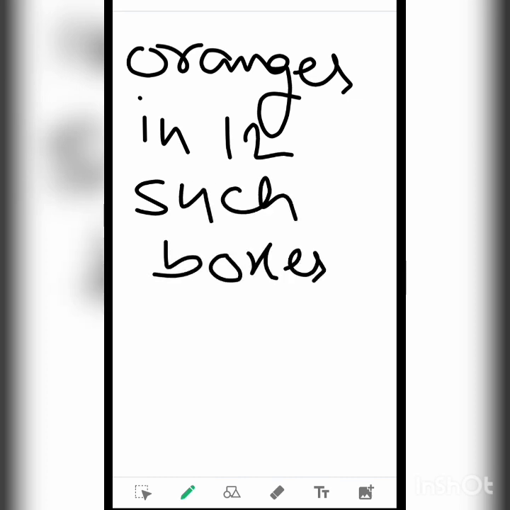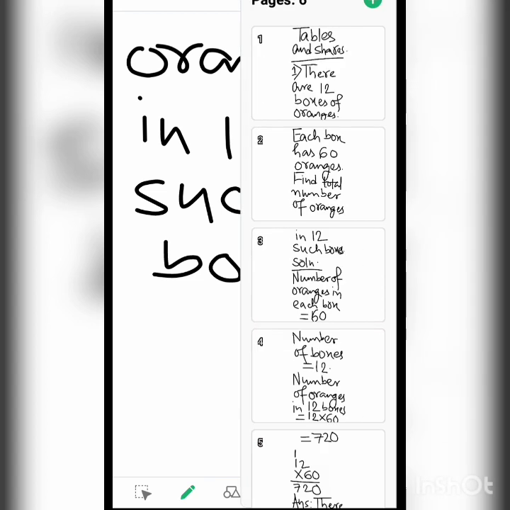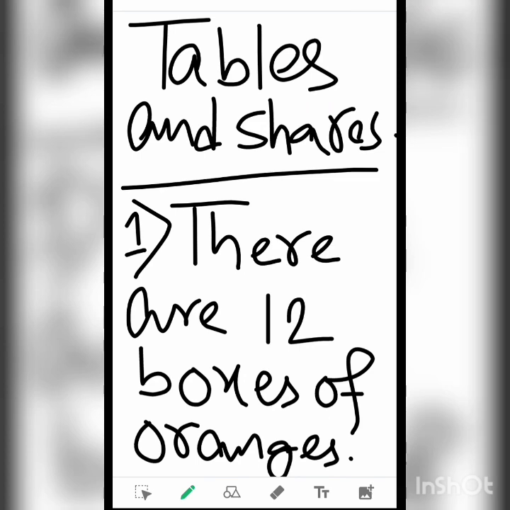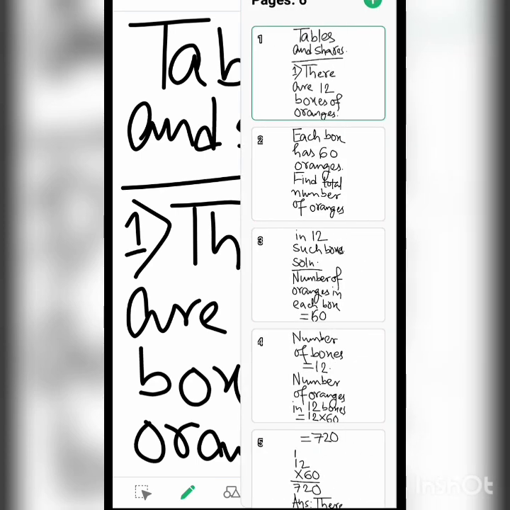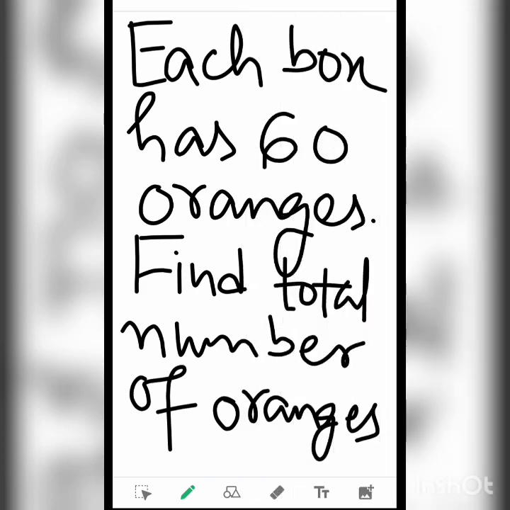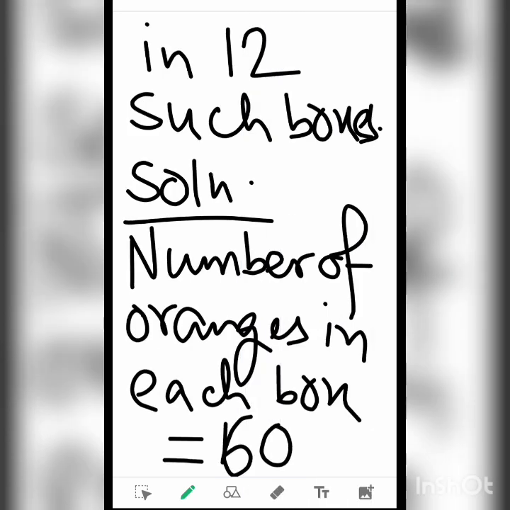Now let us just recapitulate what we learned in today's first sum. See that the question was there are 12 boxes of oranges. Coming to the next board, we see each box has 60 oranges. You have to find total number of oranges in 12 such boxes. So the solution will come like this.